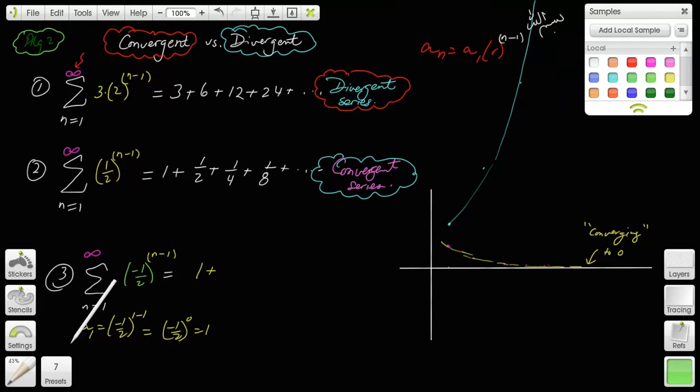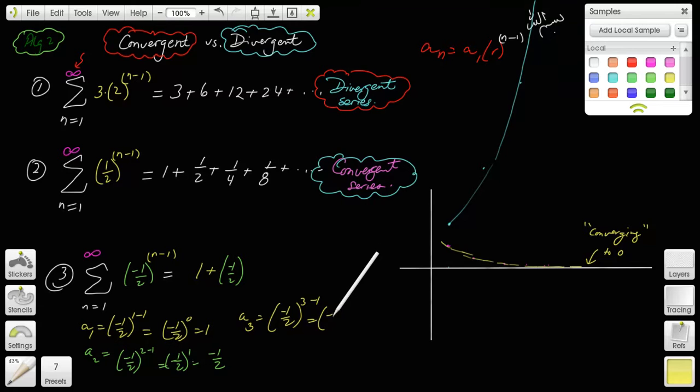The second term, a sub 2, when n is 2, is negative 1/2 to the 2 minus 1, that's negative 1/2 to the 1, which is negative 1/2. So the second term is actually a negative term. Then the third term, a sub 3, is negative 1/2 to the 3 minus 1, that's negative 1/2 to the 2, and this is positive 1/4. So it's a positive term.